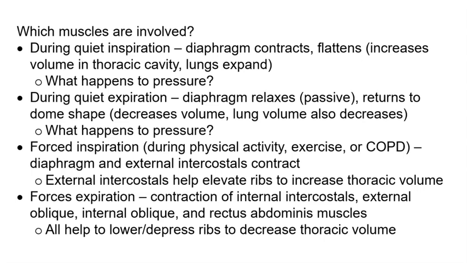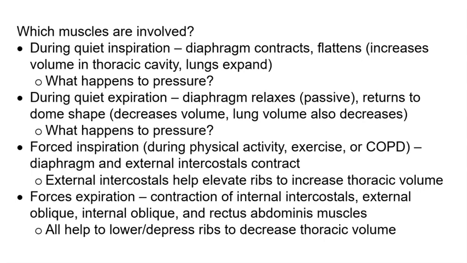Now, during physical activity, exercise, or COPD, forced inspiration will recruit additional muscle groups. The diaphragm will contract, just like with quiet inspiration, but a muscle group referred to as the external intercostals will also contract. The external intercostals help to elevate the ribs and further increase thoracic volume.